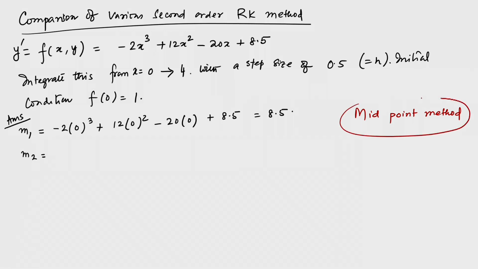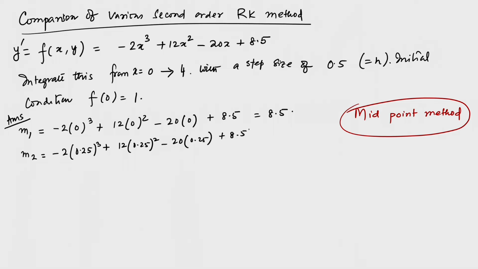So, m2 is equal to minus 2, and we have to calculate it between 0 and 0.5, that is the interval. So, we will calculate it at 0.25. So, this is minus 2 into 0.25 cube plus 12 into 0.25 square minus 20 into 0.25 plus 8.5, that is equal to 4.21875. So, I get the slope.